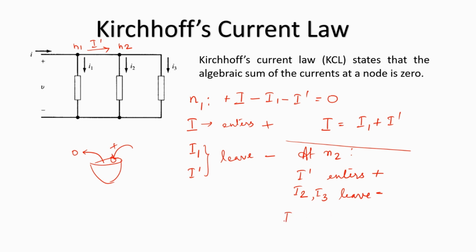We are going to have I dash with a positive sign, I2 and I3 with negative signs, and all of this put together sums up to 0. So this basically turns out to be I dash is nothing but I2 plus I3. It's that simple. So this is how we write a KCL equation for a particular node.